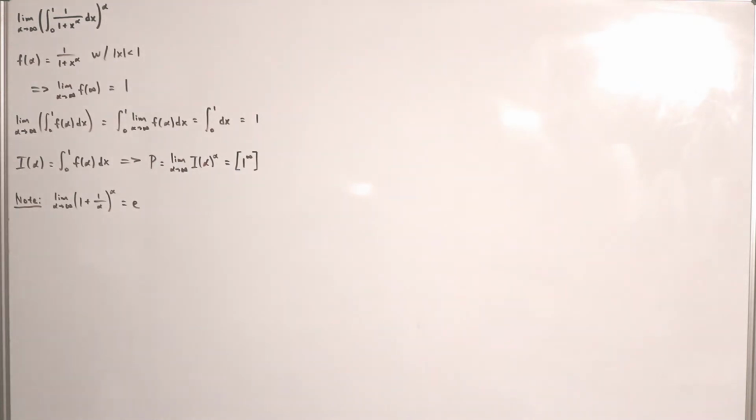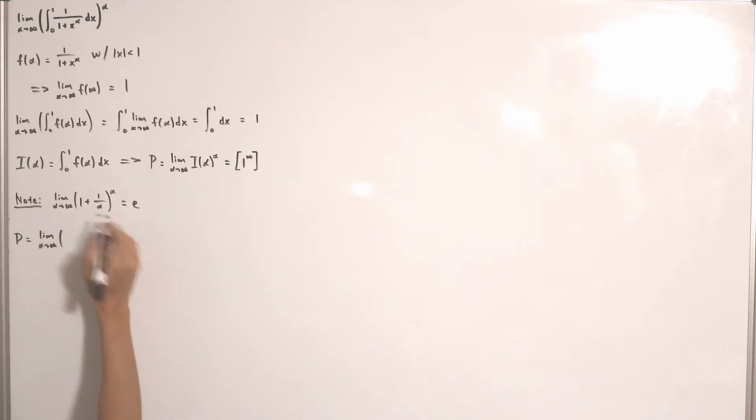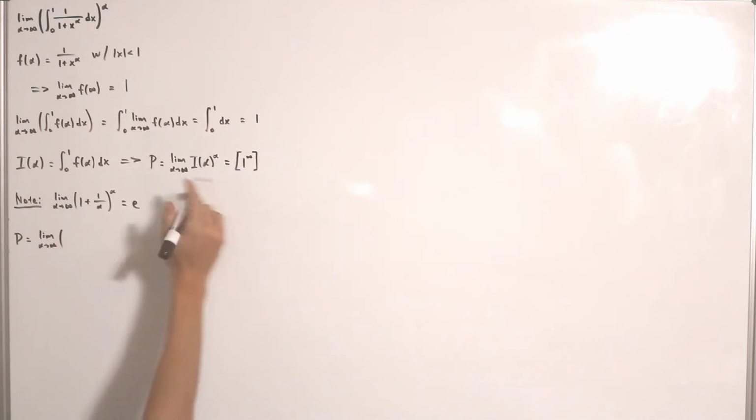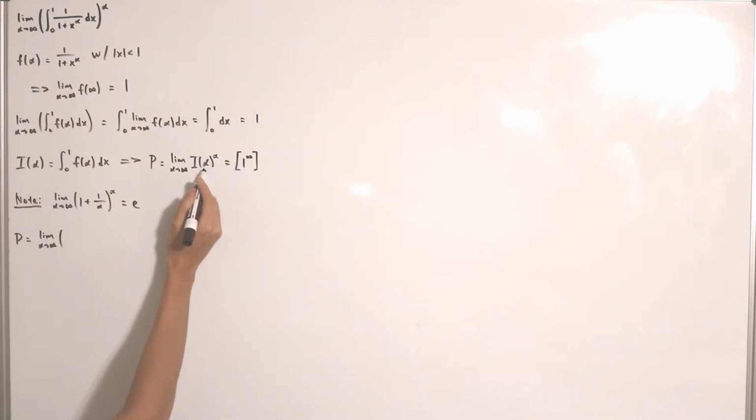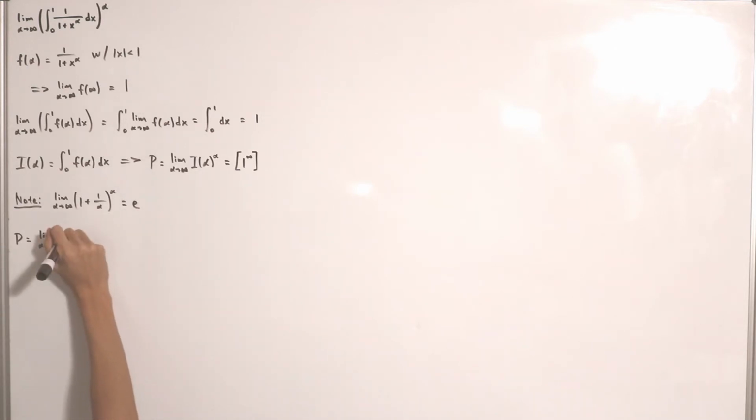So that means capital P is going to equal the limit as alpha approaches infinity of, now from our P from earlier, what I want to do is add and subtract one inside the parentheses.